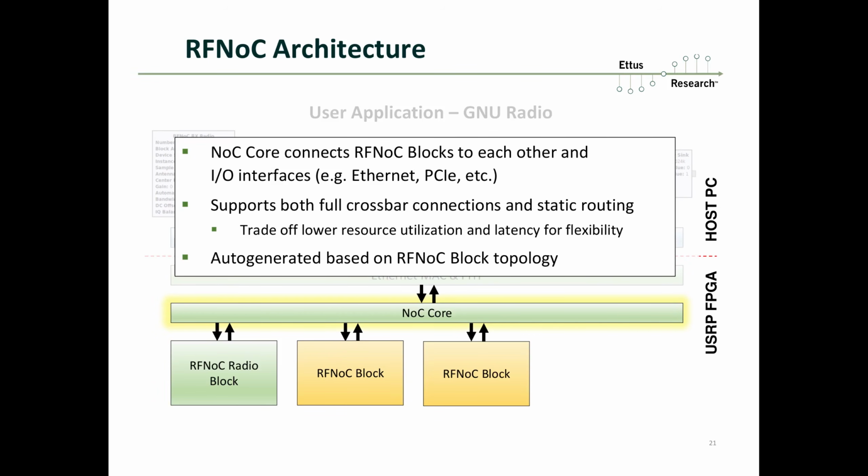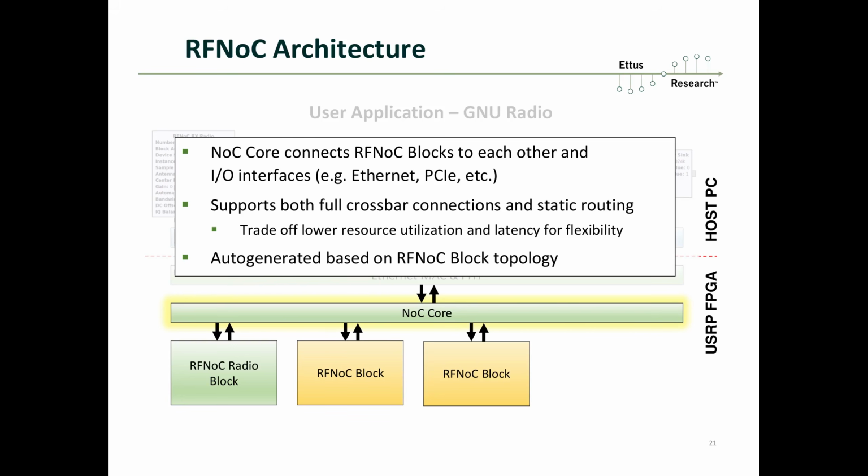The NOC core connects all the components in the rfnoc framework, such as the I/O interfaces for Ethernet and PCI Express, the rfnoc radio block, and all the rfnoc blocks. All data in rfnoc is passed in a packetized format, so the NOC core is essentially a packet switch.